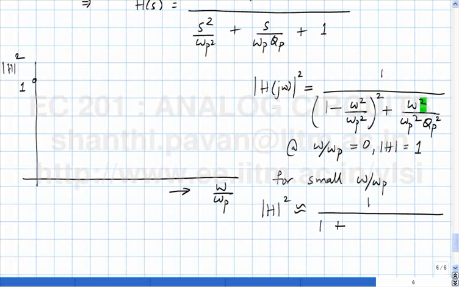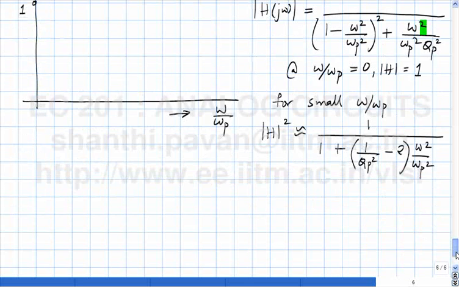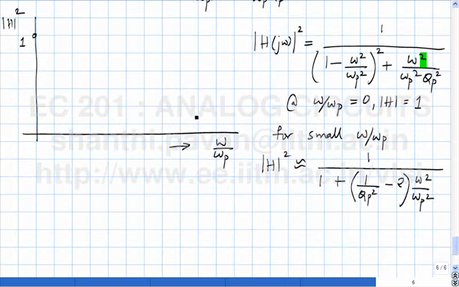So this must be 1 plus (1 by qp square minus 2) times omega square by omega p square. Is that understood? So for small omega by omega p, this is the approximation for the squared magnitude, and small omega by omega p basically means, if this is 1, regions around here.